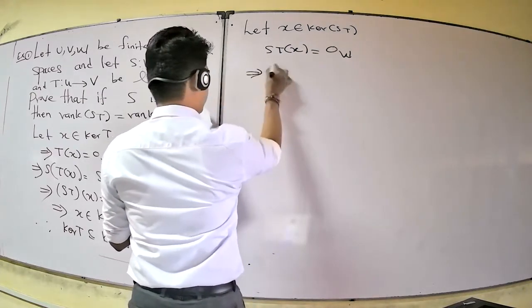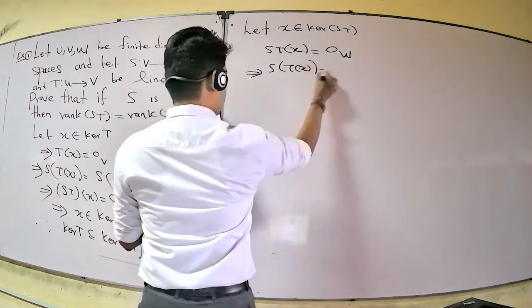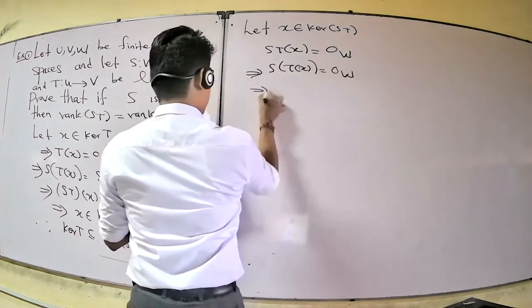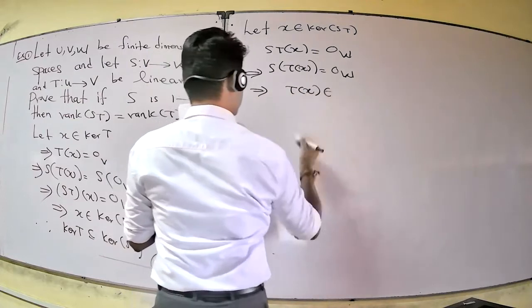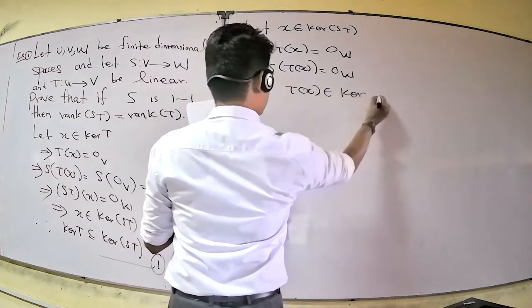From this, S of T of x is 0_W. Therefore T of x belongs to kernel of S.